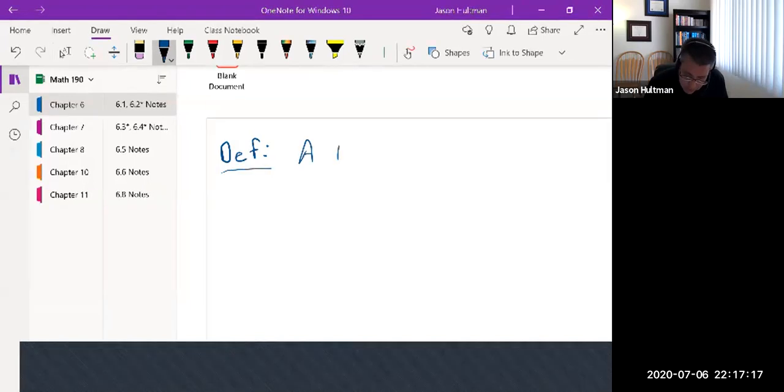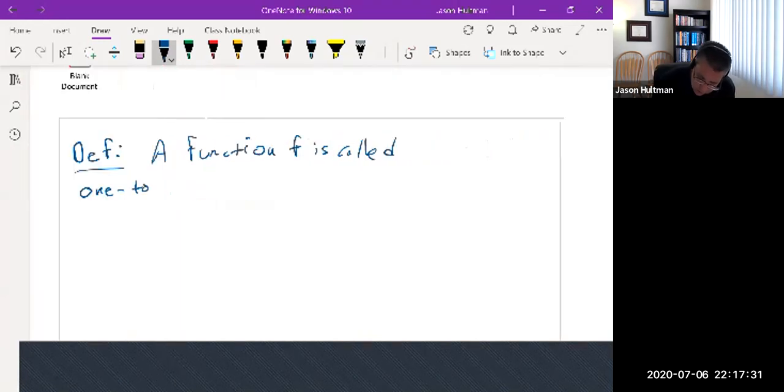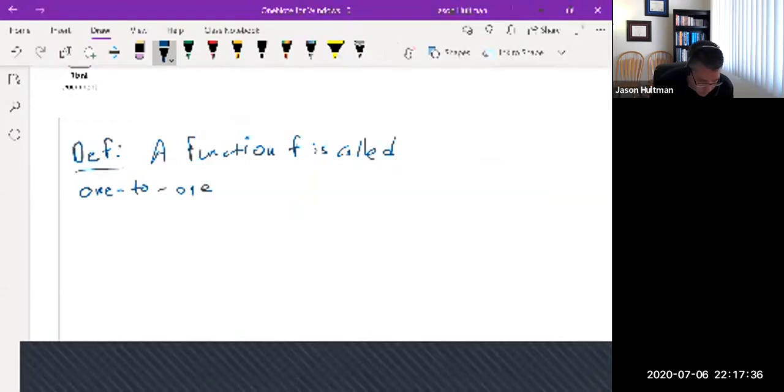Okay, a function f is called one-to-one if it never takes on the same value twice.